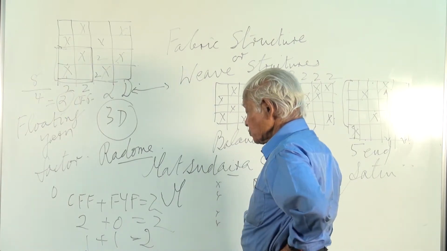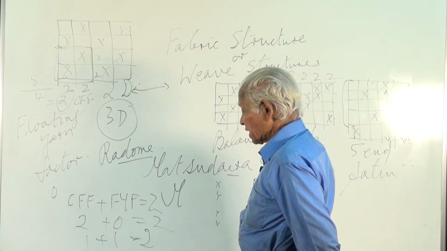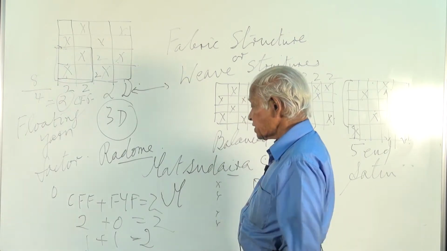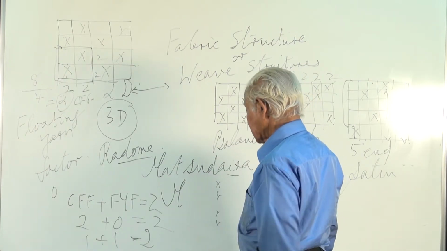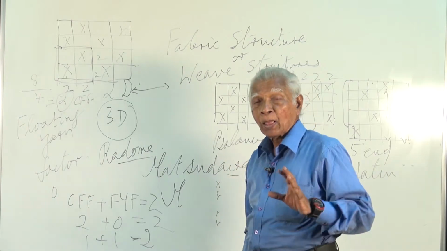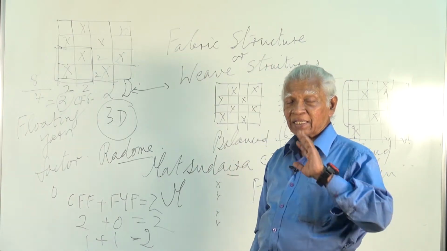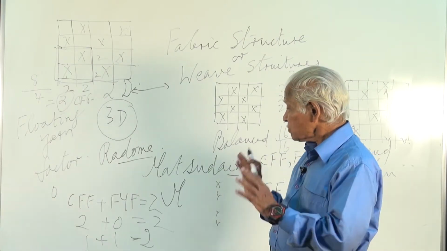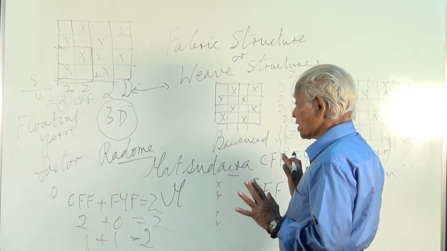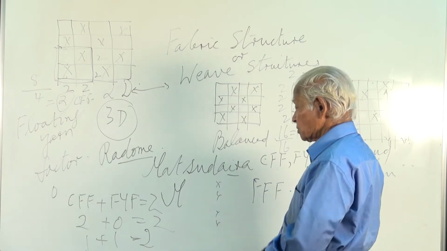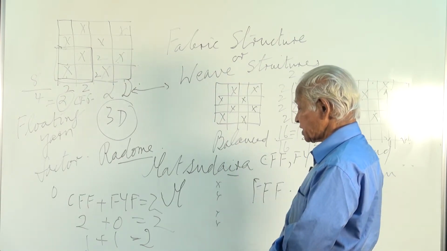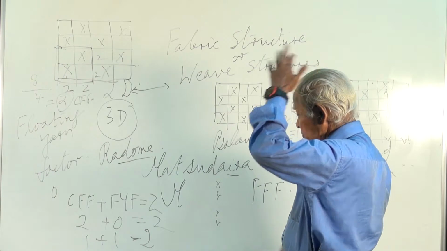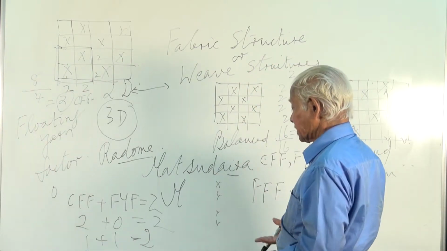And one interesting aspect is that these parameters, CFF, that is crossing fiber factor, and also floating yarn factor, do not depend on the number of ends per centimeter or picks per centimeter. It is only dependent on the structure. So whatever may be the constructional parameters of the fabric, the values of CFF and FYF for them will be the same, and it is very simple to calculate.